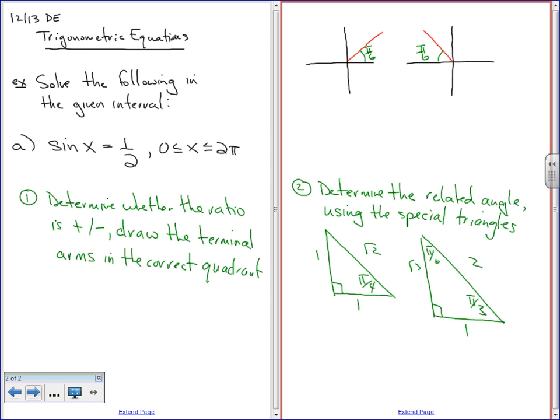Now the answers to my question, when is the sine of x equal to 1/2, are the angles in standard position. So I have to figure out this blue angle and this blue angle. Well, the first one's pretty easy because it's already in standard position. So my first answer to my question is pi over 6. How do I get the next blue angle?